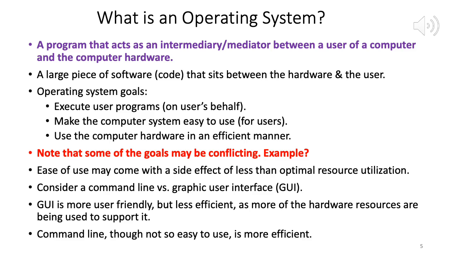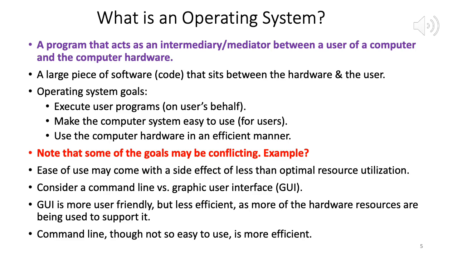The other is using the graphical user interface. If we ask a bunch of people, they will say that the graphical user interface is a lot more user friendly, so it's a lot easier to use. But the flip side is that it consumes a lot more resources as compared to a command line.